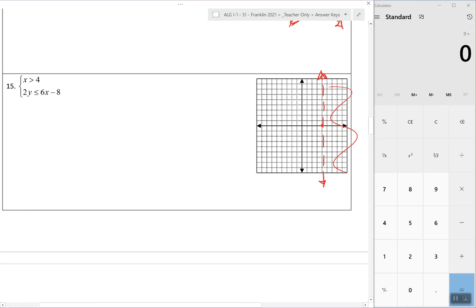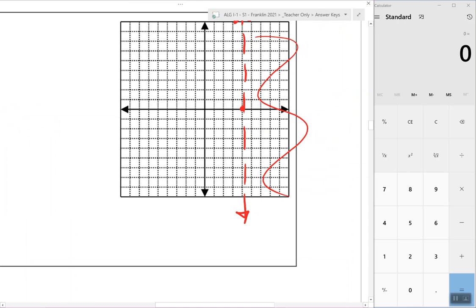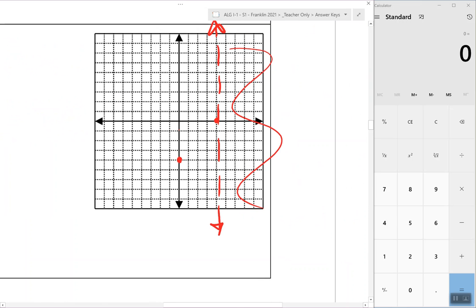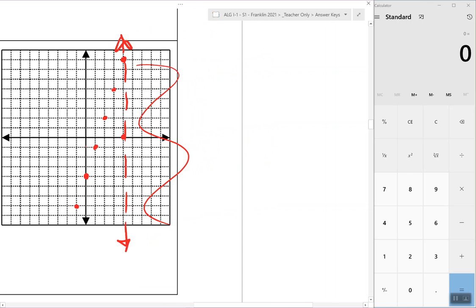Now the second one we have to solve for y again, so divide by 2. Y is less than or equal to 3x minus 4. So we start down at negative 4. Slope was positive 3 over 1, so up 3 over 1, or down 3, left 1.